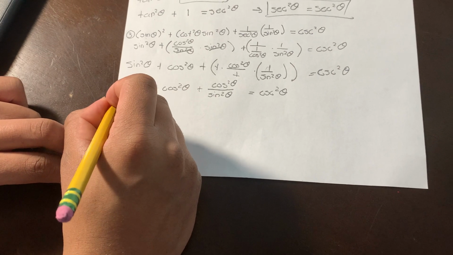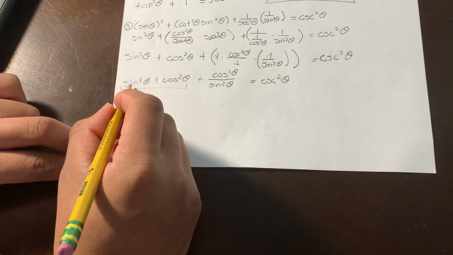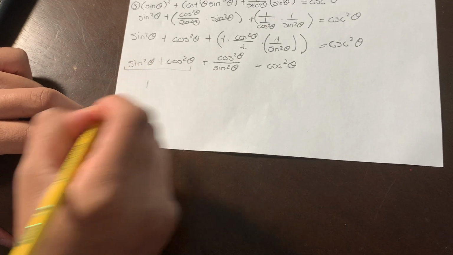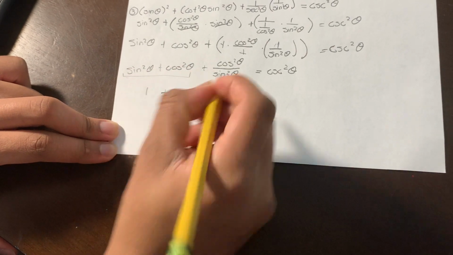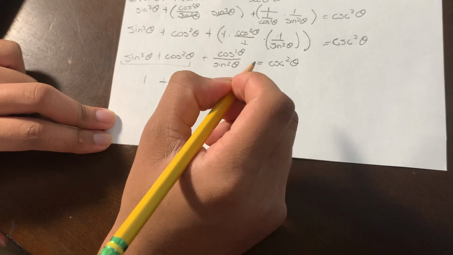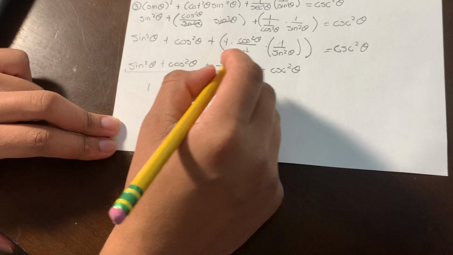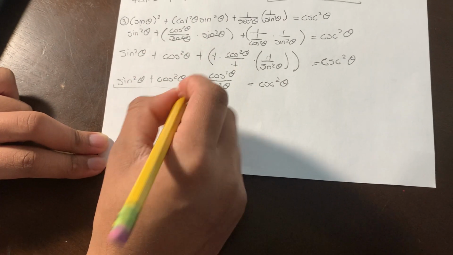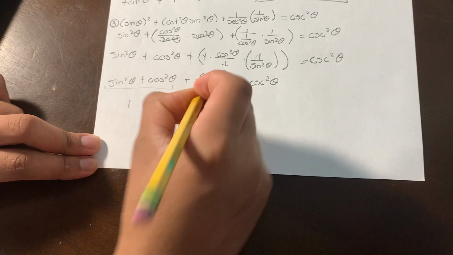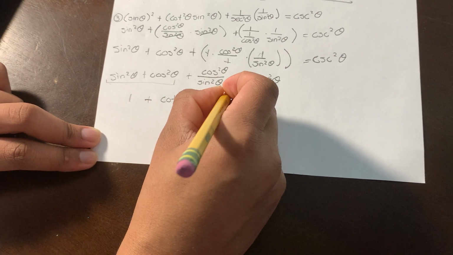Now, we know that, again, this segment here, sine squared theta plus cosine squared theta, is always equal to 1, plus cosine squared over sine squared is basically the identity for cotangent, and since they're both squared, we have cotangent squared theta is equal to cosecant squared theta.